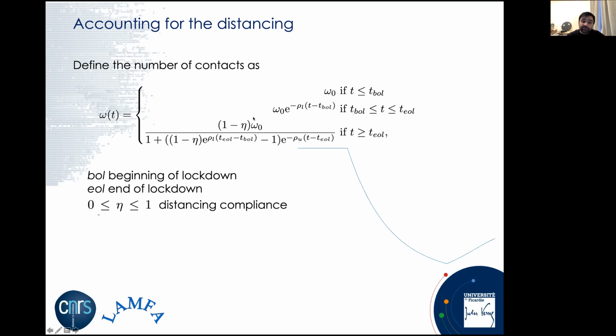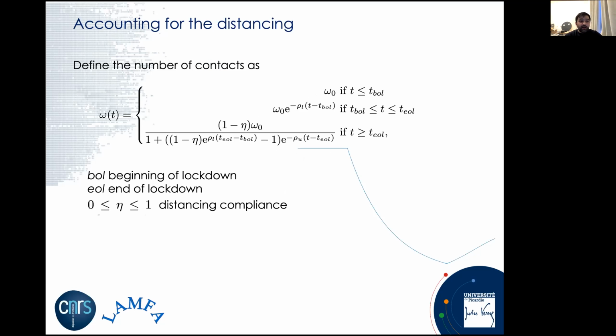So you will come back to omega 0, but we put a parameter in front of omega 0 saying, okay, you will not reach immediately what happened before the lockdown. So here you have the effect of the lockdown and the distancing compliance, and you have this kind of curve. This is omega: first constant, then exponential decay, and then exponential increase.